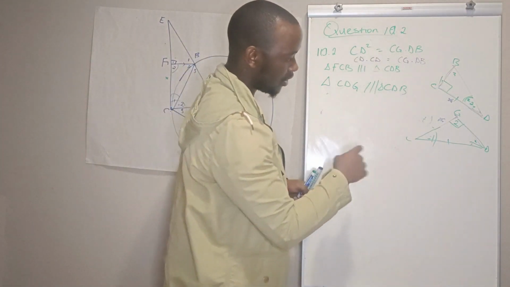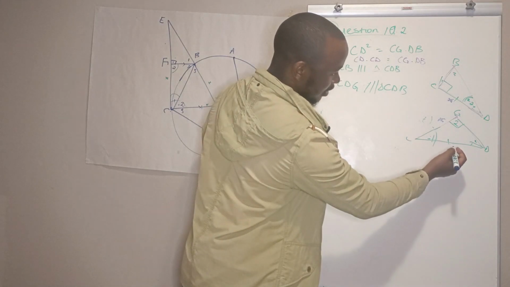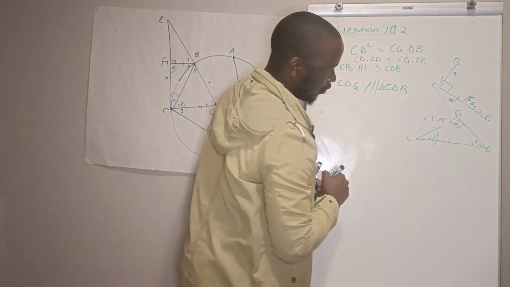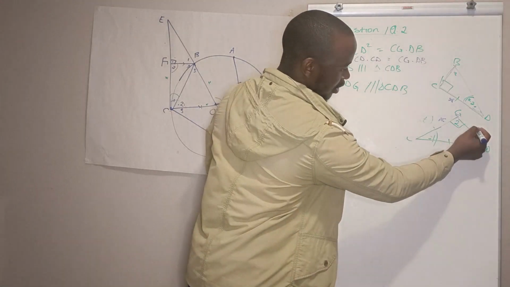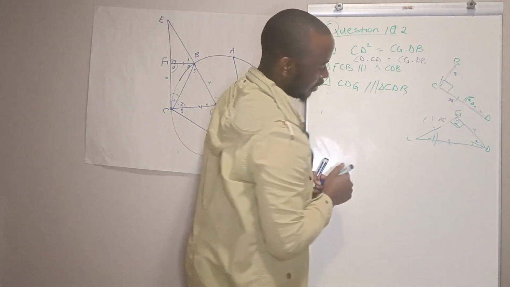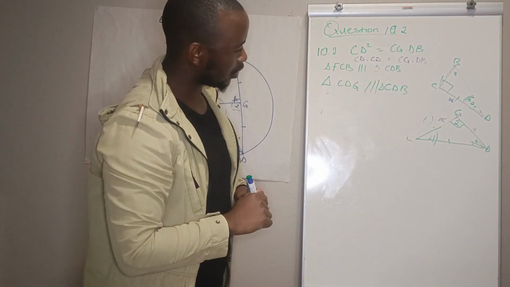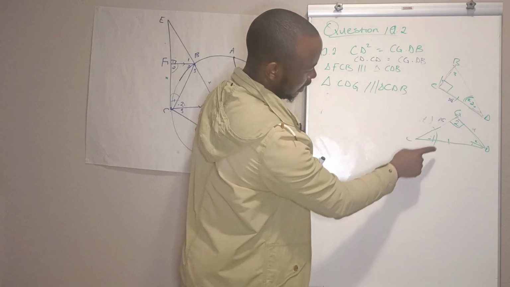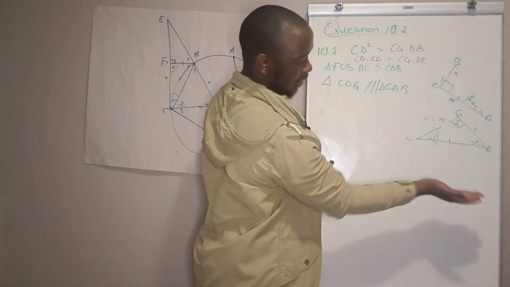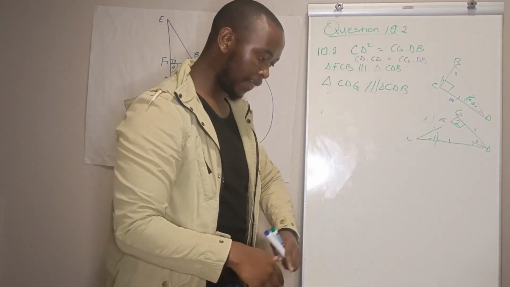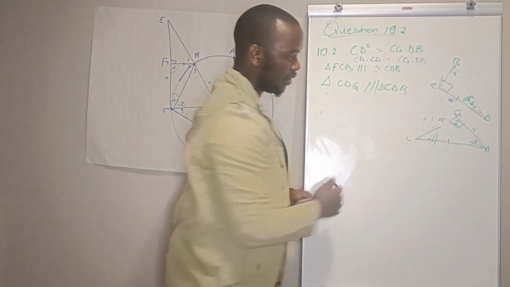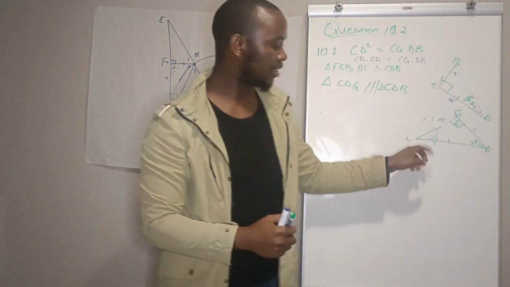Then DG is the opposite line. If you look at this triangle, in here is a right angle triangle.